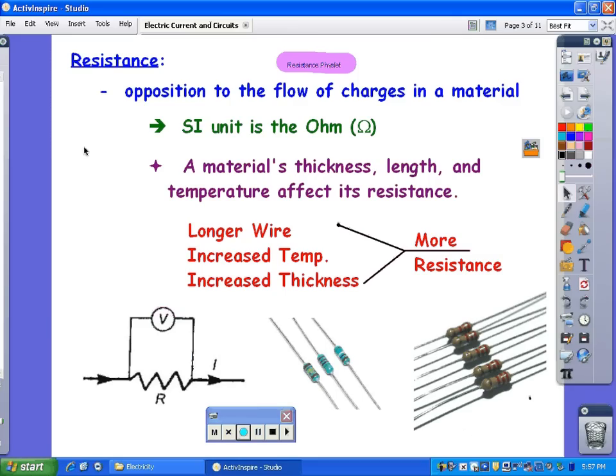So what slows down things? Material's thickness. If it's super thin, not as many electrons can pile on it. If it's super long, it takes more voltage on the front end to send more electrons that long distance. And temperature affects its resistance as well. Things that are cold will conduct much, much better because this goes back to the heat ideas, thermal energy.